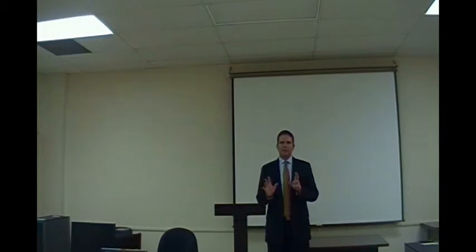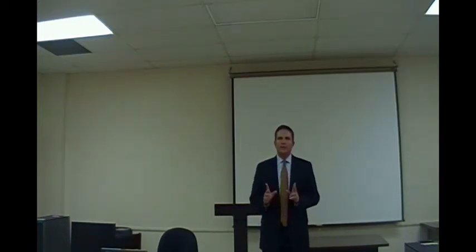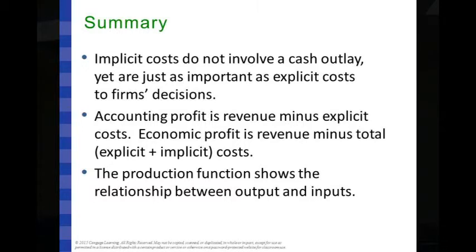When analyzing the firm's behavior, it is important to include all of the opportunity costs of production. Some opportunity costs, such as wages that are paid by a firm to its workers, are explicit. Other opportunity costs, such as wages that the firm owner forgoes by working at the firm rather than taking another job and making money, are implicit.